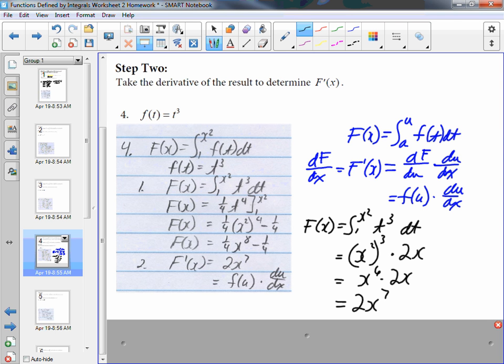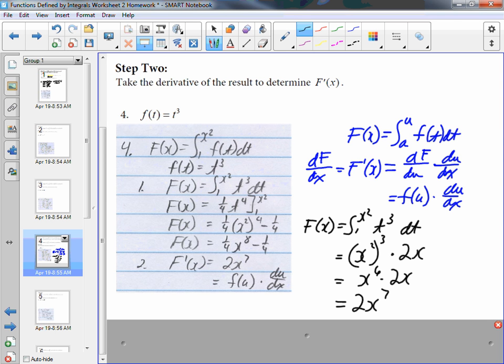So, the second fundamental theorem is not wrong, telling us the same thing, right? But as they get more complicated, you're going to want to remember that second fundamental theorem of calculus. It's on the handout I gave you yesterday, the fundamental theorem of calculus, both parts there, part 1, part 2, first fundamental theorem, second fundamental theorem.